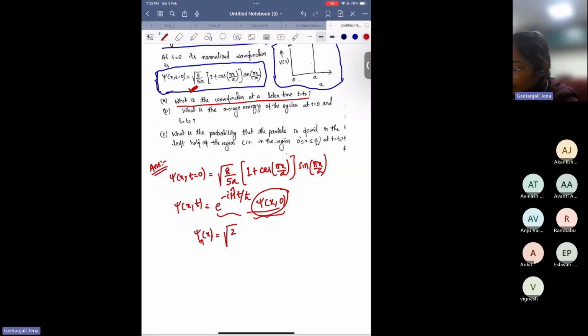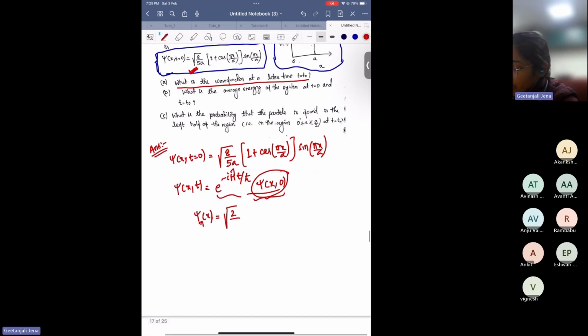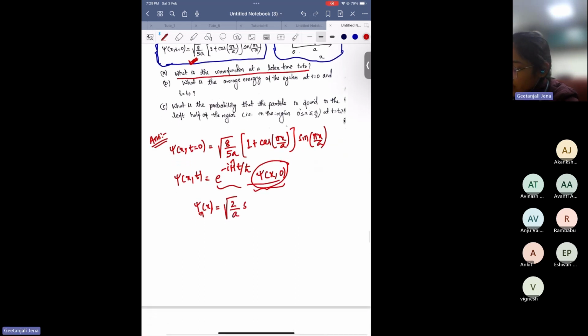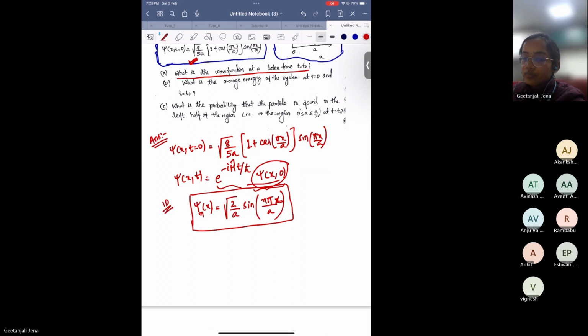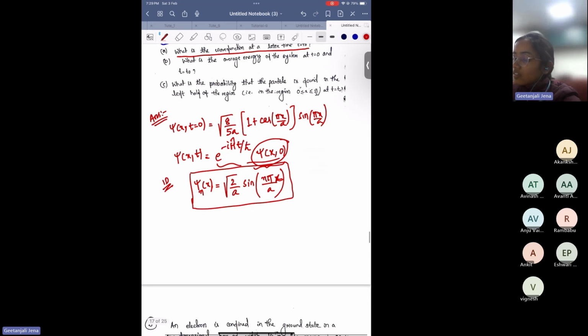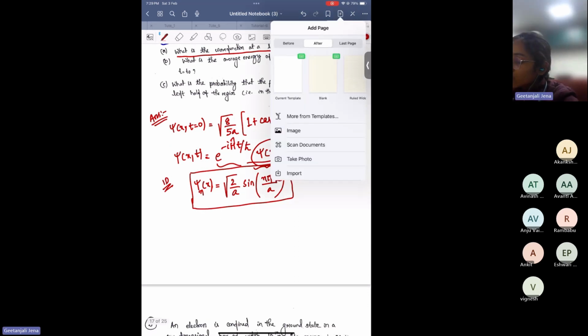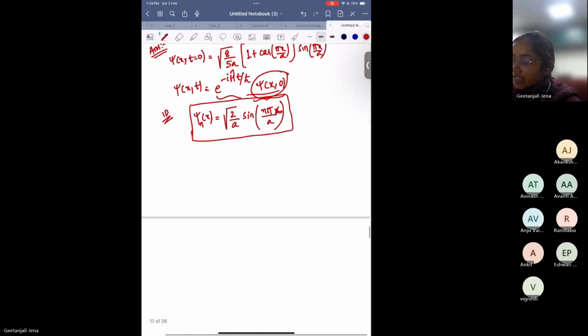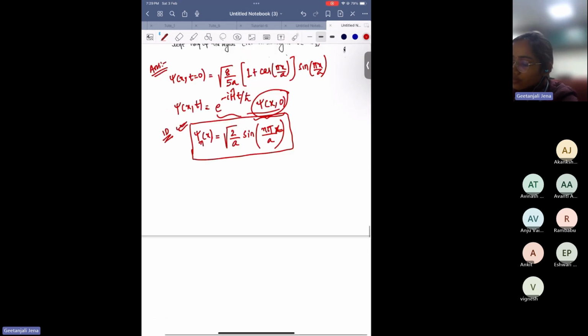It is given by root over of 2 by a sine n pi by a x. Okay, this is the expression for the 1D potential well. I think everyone knows how you get this form, but I will briefly tell you how you are getting it.